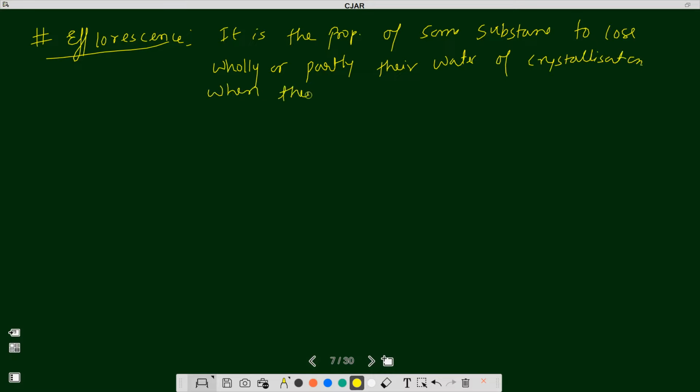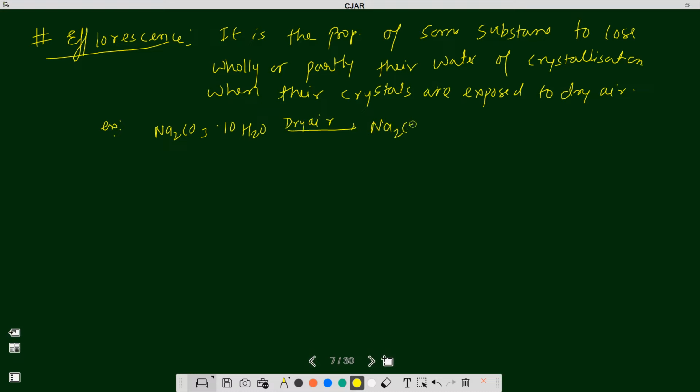This is known as an efflorescent substance. When they are exposed, they lose the water. For example, Na2CO3.10H2O, washing soda, when kept in dry air, loses 9 molecules of water.